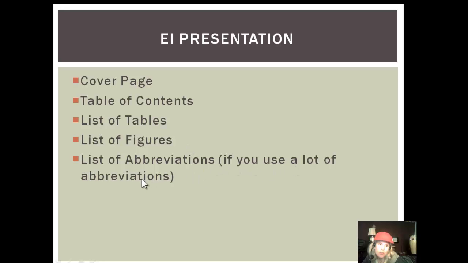And then especially if you use a lot of abbreviations, make sure to include a list of those, especially for somebody like maybe on tribal council or somebody else who isn't familiar with the terminology, PM, filterable. If you have a list of abbreviations somewhere either at the very end or at the very beginning, that's helpful.